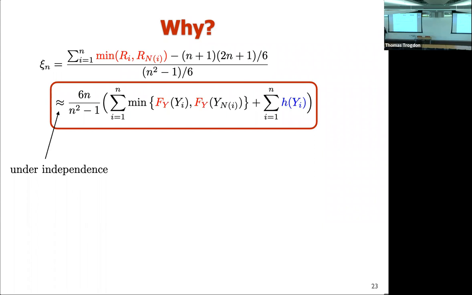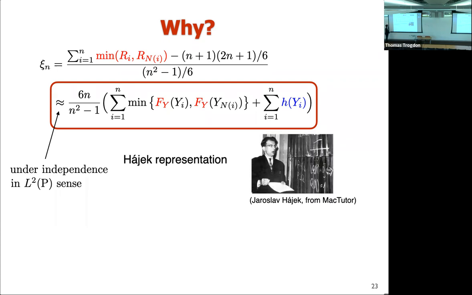If we can replace the rank by the population CDF, which is a deterministic function, it has nothing to do with the data. That will make life much easier. We can show that under independence, in the L2 sense, these two are nearly equal up to some small 1/√n terms. And H is a deterministic function of explicit form. I will give you the form later. This is the Hoeffding representation.